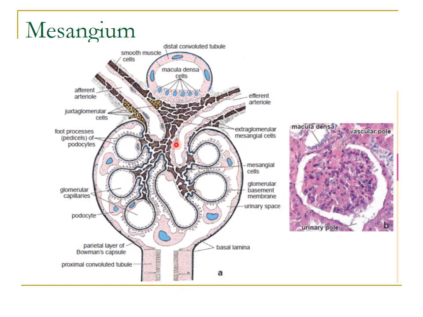Now you can see here that in between the cells of the capillary endothelium, there is another type of cell, which is called the mesangial cells. These mesangial cells are also present in between the afferent and efferent arterioles, where they constitute the extraglomerular mesangial cells.